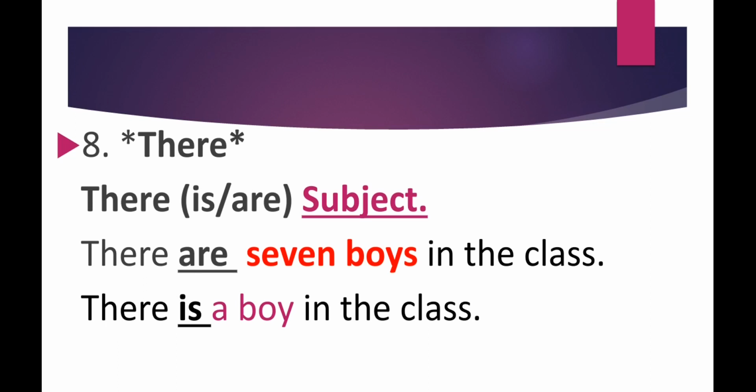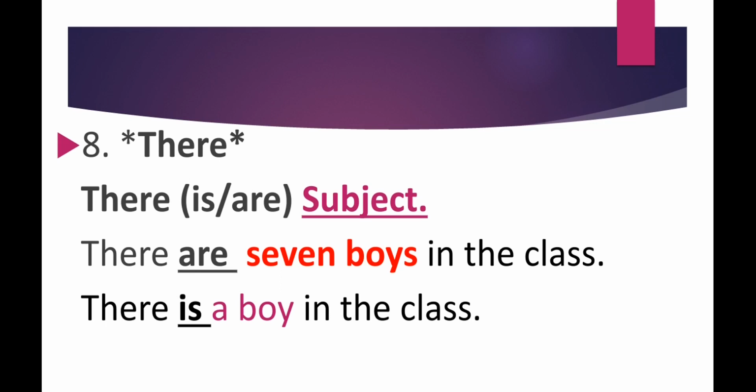Point number 8. In sentences beginning with the word there, you have to follow that the subject follows the verb. So you have to watch out for the word that comes after the verb.